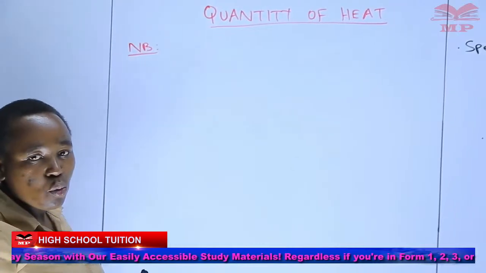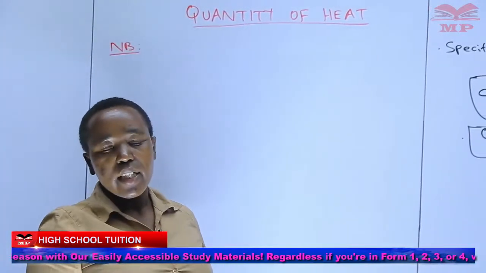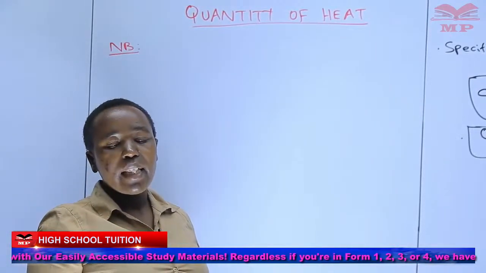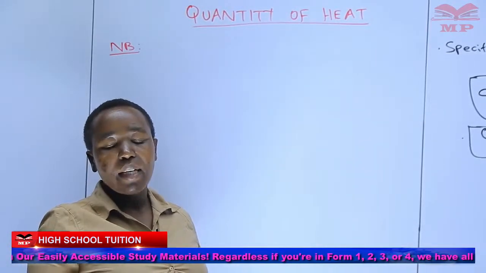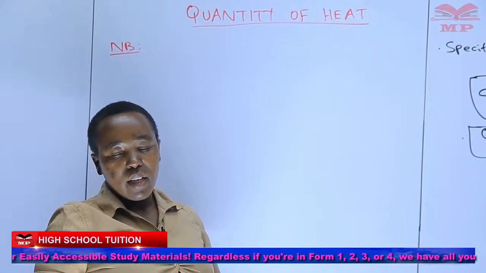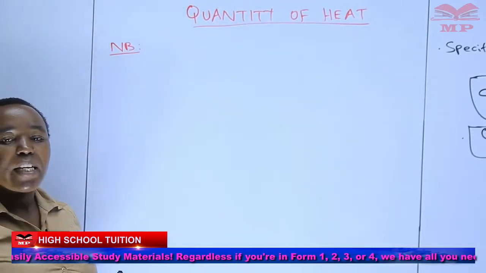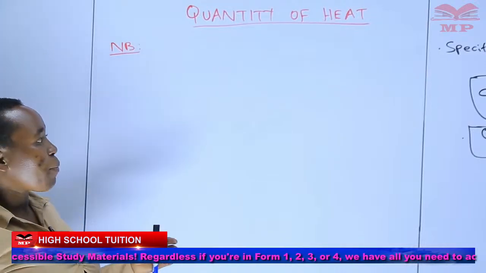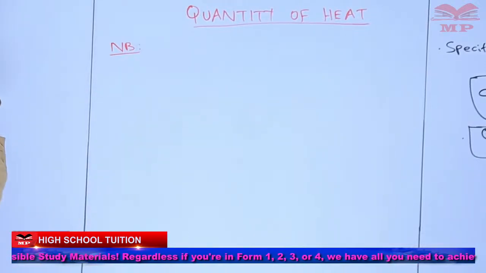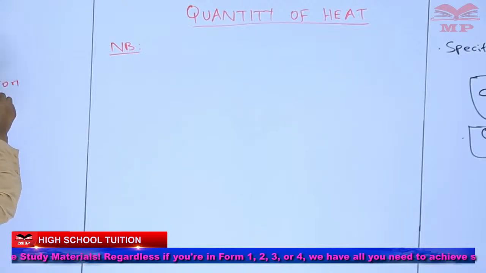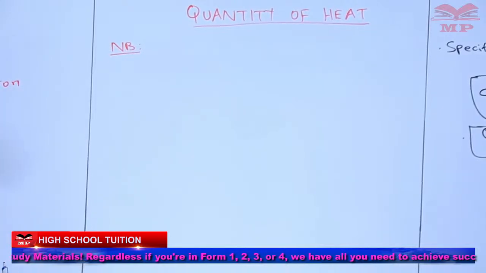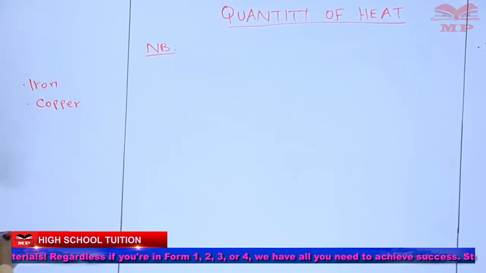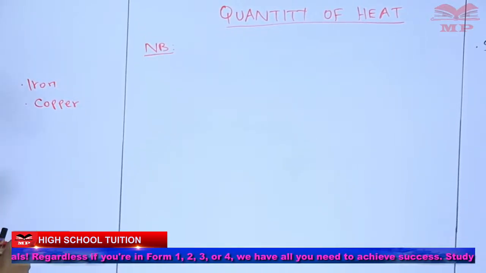Now, if we have 2 substances which have the same mass and they are being heated by the same amount of heat, they will have different changes in temperature. You need to note that. For example, if we have a metal like iron, and maybe another substance, for example, copper.